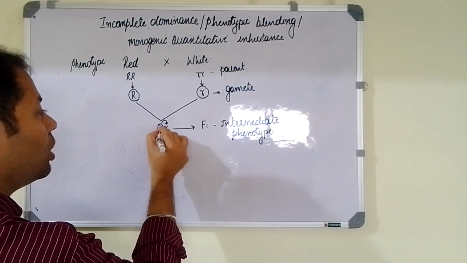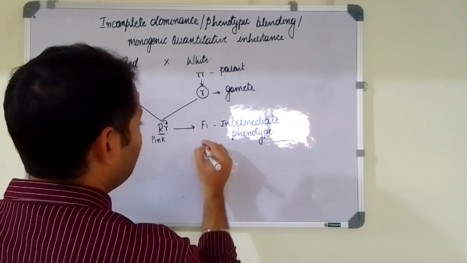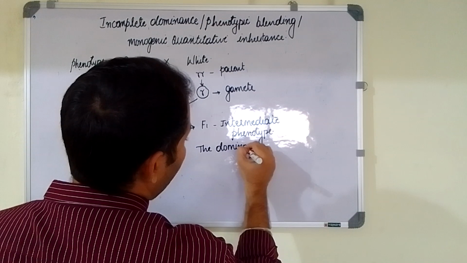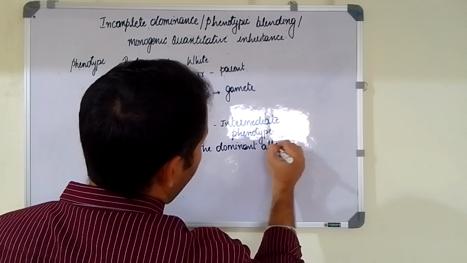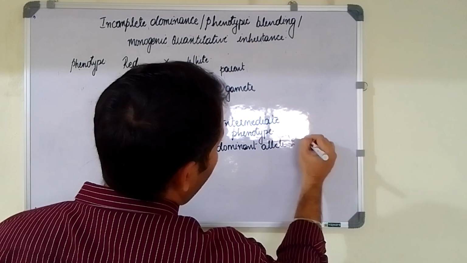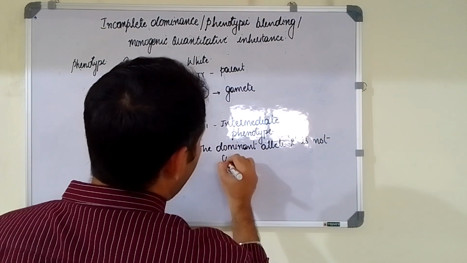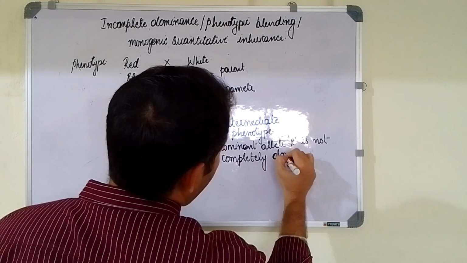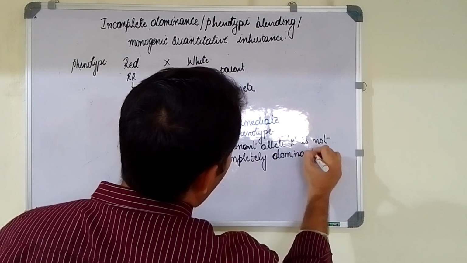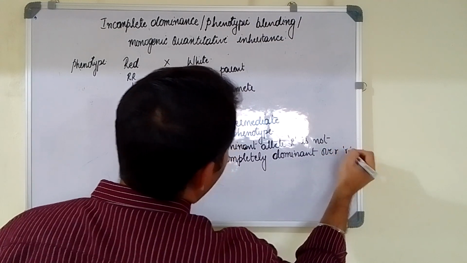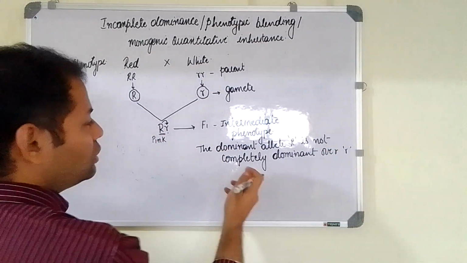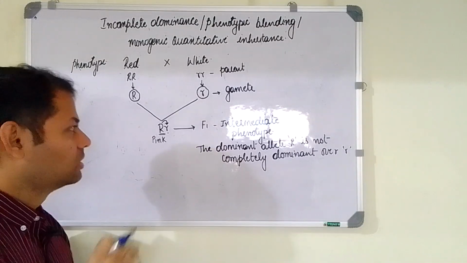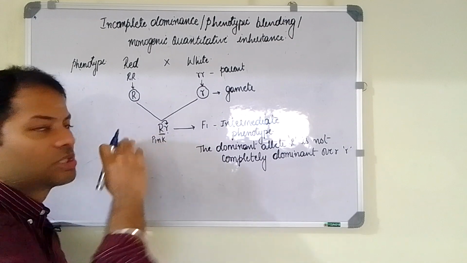I can write it like this: the dominant allele capital R is not completely dominant over the recessive allele small r, as a result of which we are getting what? An intermediate phenotype, which is capital R, small r genotype. The intermediate phenotype is pink.